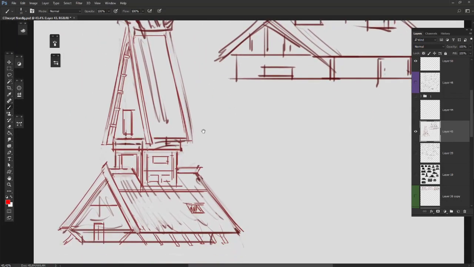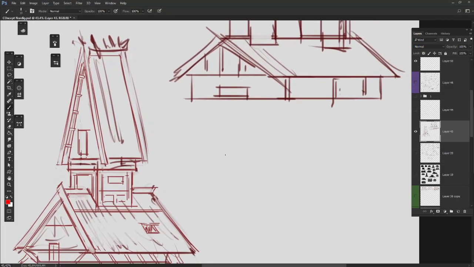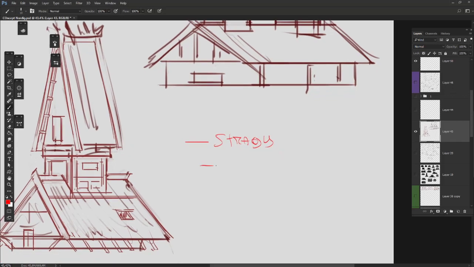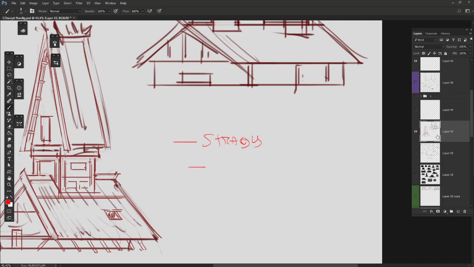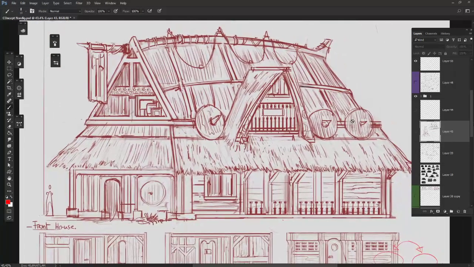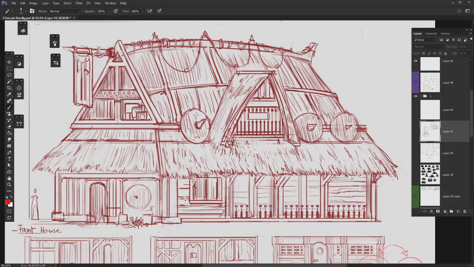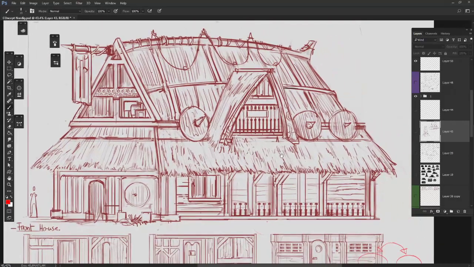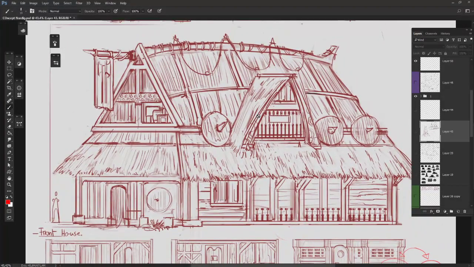So let me pretend we did a strategy game, right? We did one building, and I totally decided to go with this one as a building. But then of course I need to fix it again, because I don't like some of the structural elements. It looks really boring, but it serves its purpose.